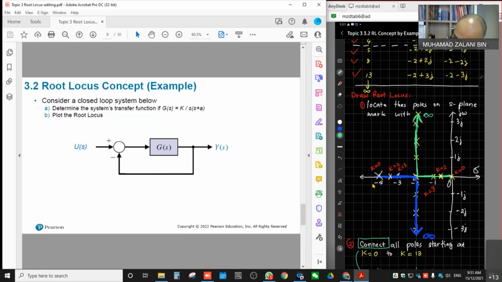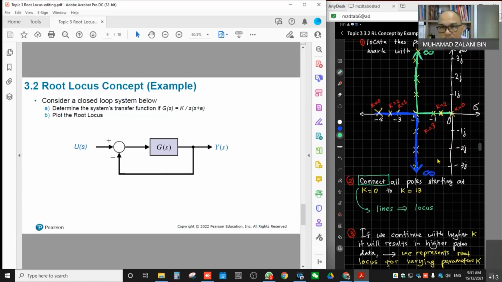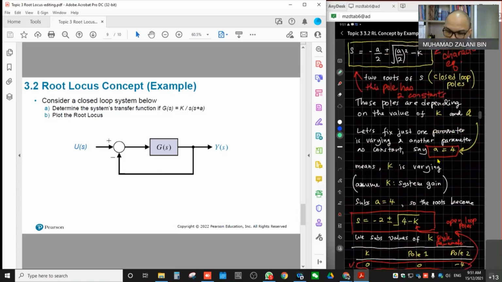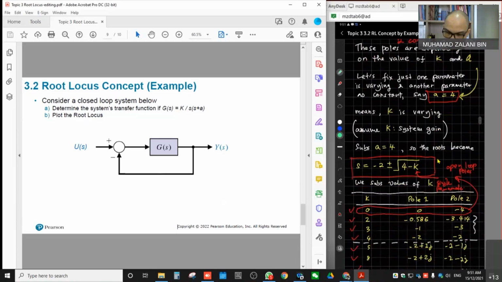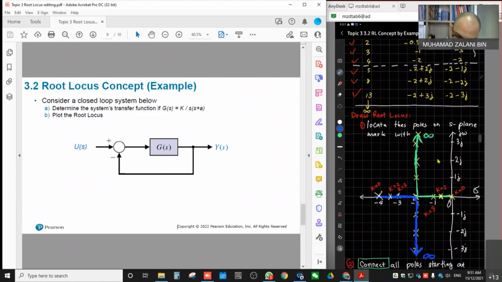Sama juga yang atas, the same as the top one. So this is the root locus for this particular closed loop block diagram. Okay, with K over S plus A. We assume that this particular root locus is for the case of A equals to 4.